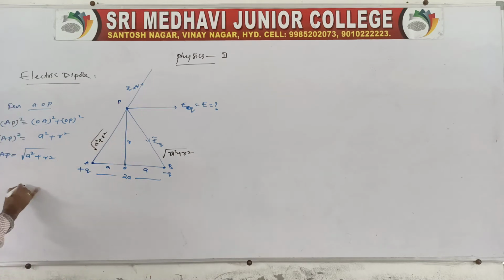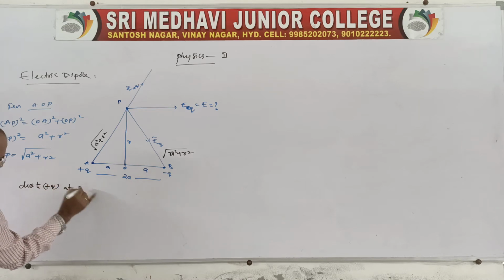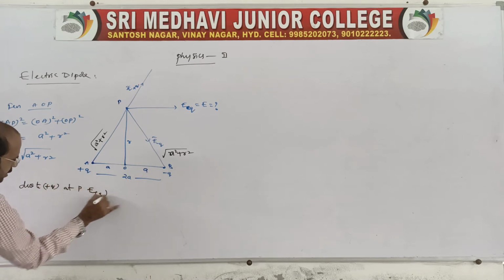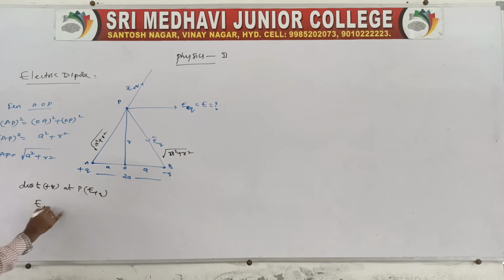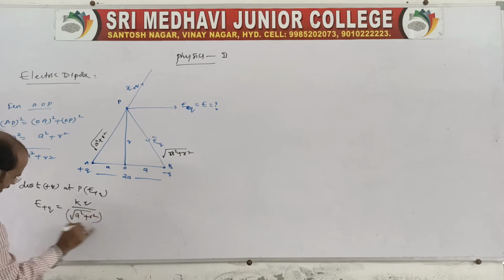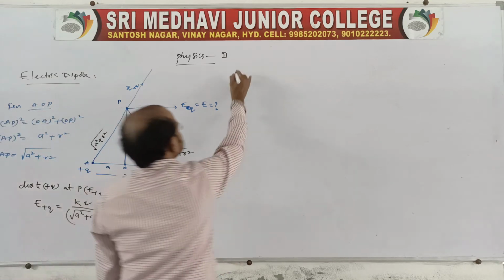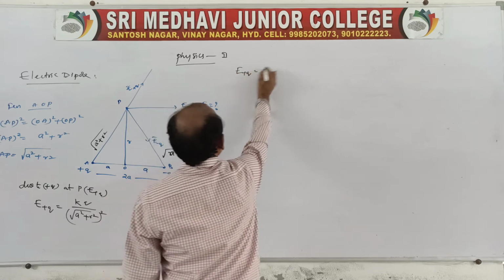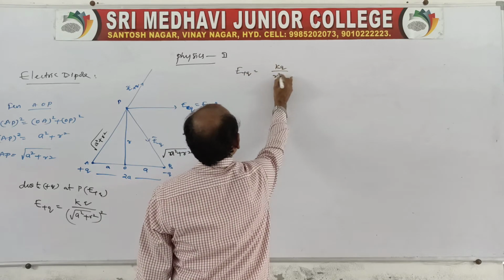Now due to the positive charge at point P, the electric field intensity is E plus Q, which is equal to KQ by the distance, root over a square plus r square, whole square. So due to the positive charge, the electric field intensity will be KQ by r square plus a square.